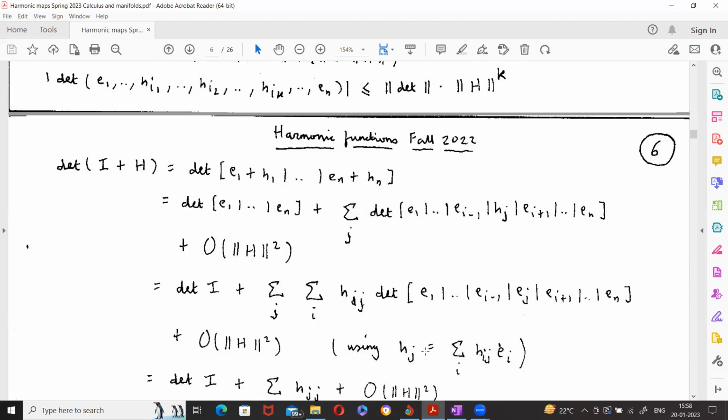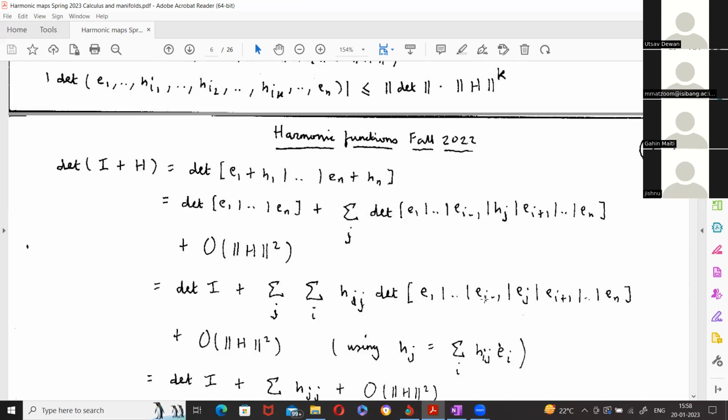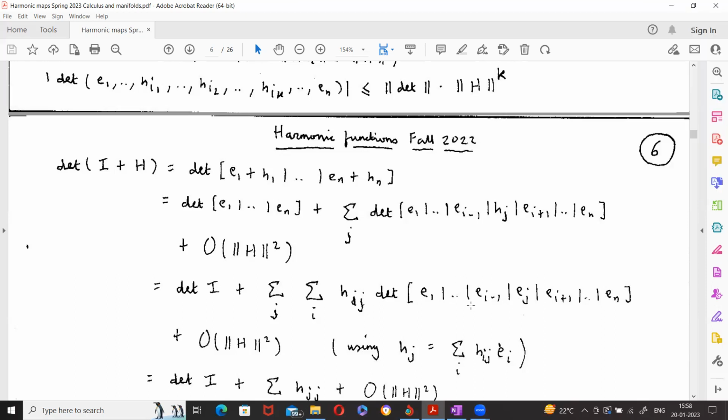So this becomes a sum over j, sum over i, Hij times the determinant of E1 to Ej minus 1, Ei, Ej plus 1 up to En. There was a typo here where i and j got mixed up.